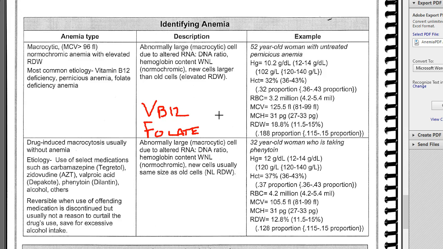So if hypokalemia occurs in these patients, you're going to want to put them on oral replacement at 40 mEq a day. That's usually sufficient. Sometimes you have to do oral iron therapy if there's an underlying iron deficiency or low iron stores, low ferritin levels. Full recovery usually takes about 2 months or so.